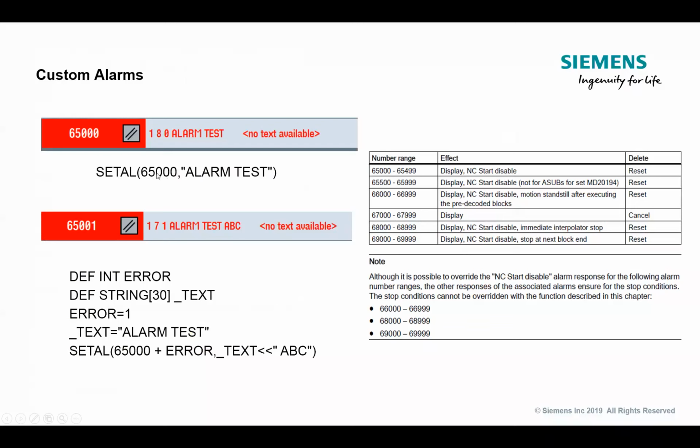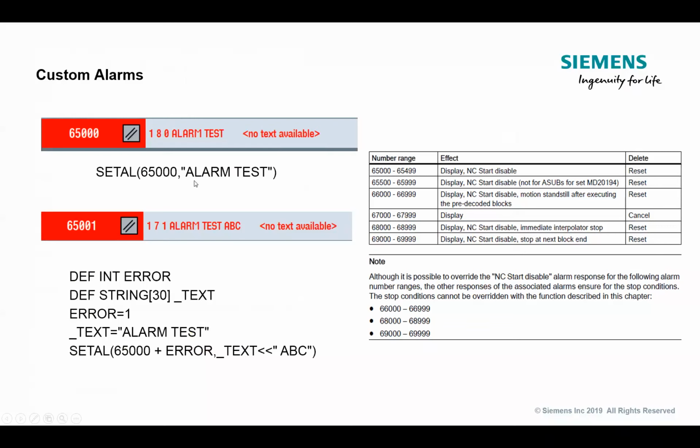Then inside of quotes, you can pass a basic message. It's going to come up just to the left of this other message field, so you're always going to get that no text available. That comes in when you actually build custom alarms through our full-blown interface. Here, we're just writing to them.